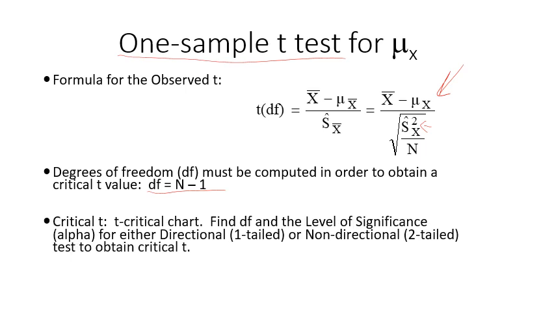And then you use the t-critical chart by looking at your degrees of freedom, your level of significance, and whether it's one-tailed or two-tailed. So look at your alpha, your degrees of freedom, and one-tailed or two-tailed, and from there you can obtain your critical value.